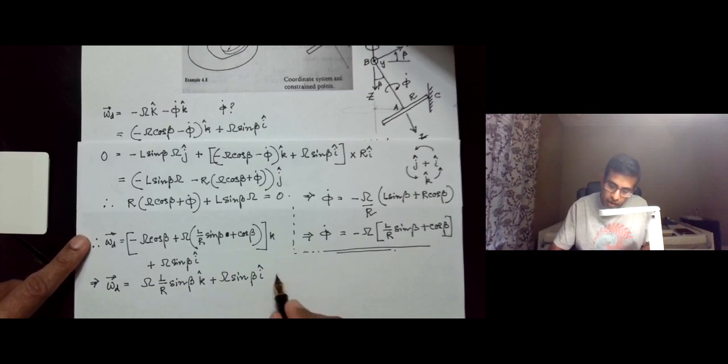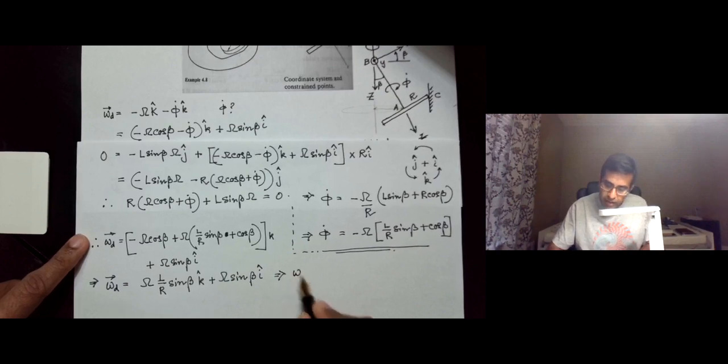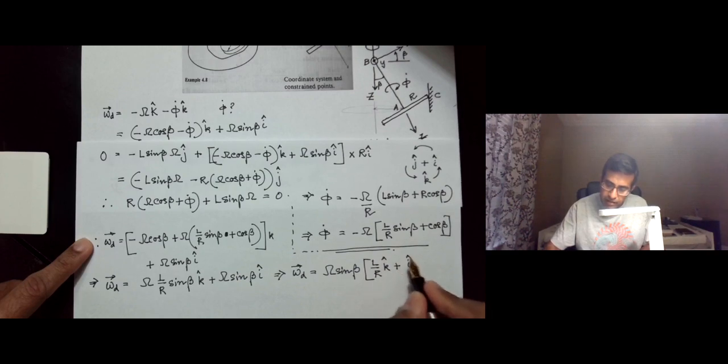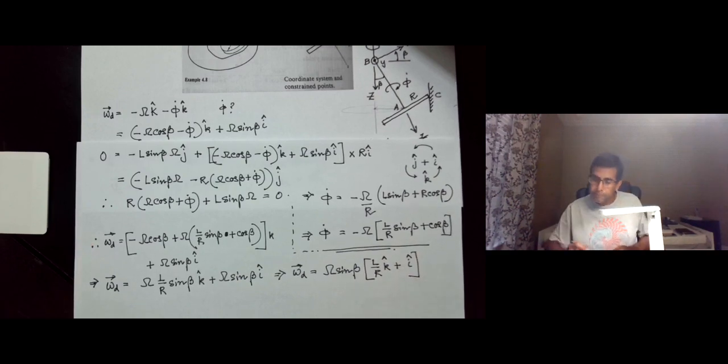Or in other words, omega d is equal to capital Omega sine beta times L over R k plus i. Okay, so we have solved the first part of the problem, and we have found the angular velocity of the disk.